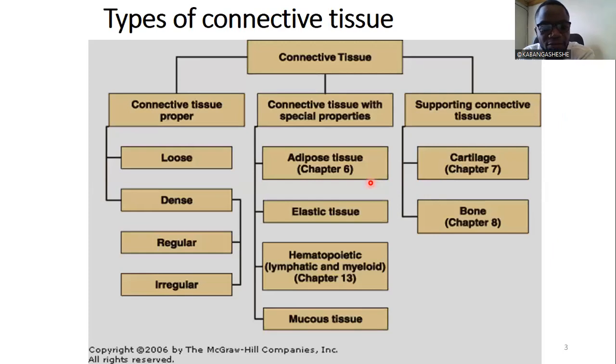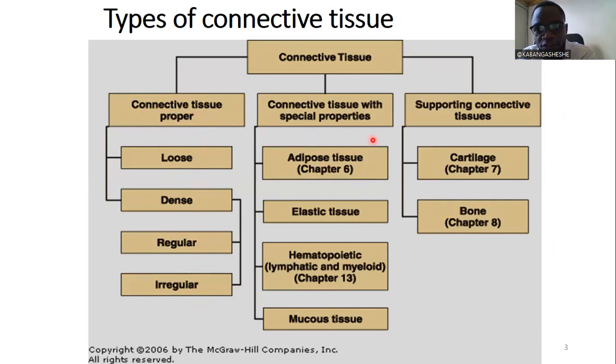So there are various types of connective tissue. We classify them as follows. We have connective tissue proper, the actual connective tissue, composed of loose and dense connective tissue. Then dense connective tissue has sub-classifications shown here: regular and irregular.